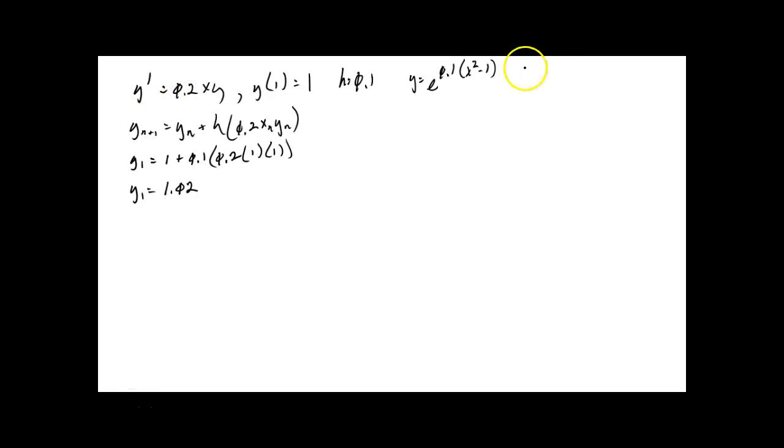Go back and rewrite this equation as dy dx is equal to 0.2xy. Okay? Certainly separable. That becomes dy over y, if you divide both sides of that, is equal to 0.2x dx. Right? Okay, this is log y.